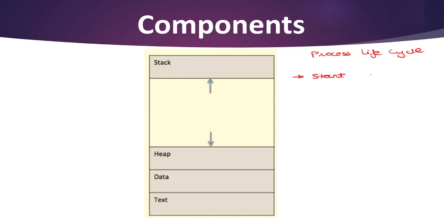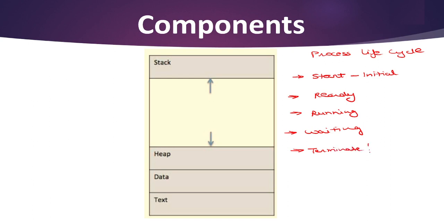First is starting point, that is also called initial point. Second we have is ready. Next is running, next is waiting, and the last stage in this life cycle is terminate, or you can say exit, or stop.